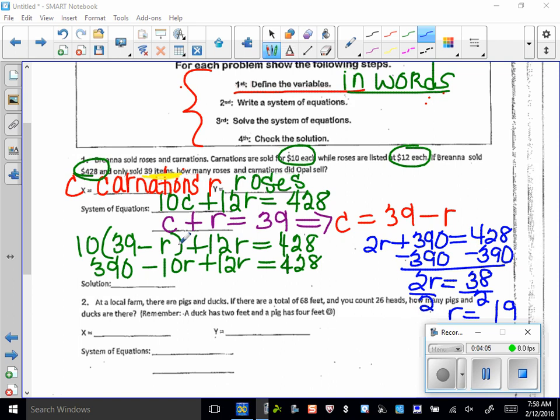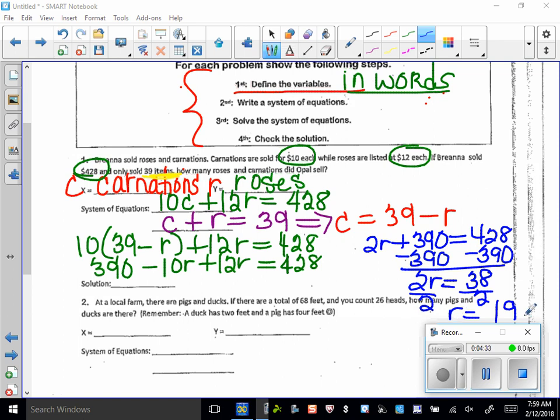All right, so just doing the substitution, I took the 39 minus R, replaced it with C. So I distribute the 10, and then I got 390 minus 10R plus the 12R equals the 428. Okay, I simplified the negative 10 plus 12, and I got 2R plus 390. Subtracted 390, I got 2R equals 38.